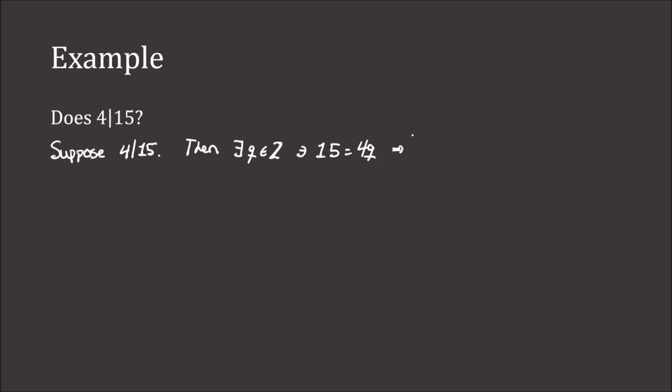So this would mean that q would have to be 15 divided by 4, 15 over 4, which is not an integer. So we've just said that q is an integer, and q is not an integer. This is a contradiction. So this means that our original supposition is incorrect, and we can therefore conclude that 4 does not divide 15.